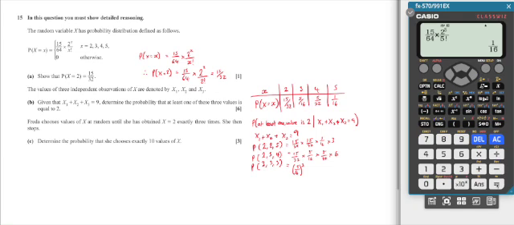So the total then, so the probability that x1 plus x2 plus x3 is 9 is, let's work that out then.